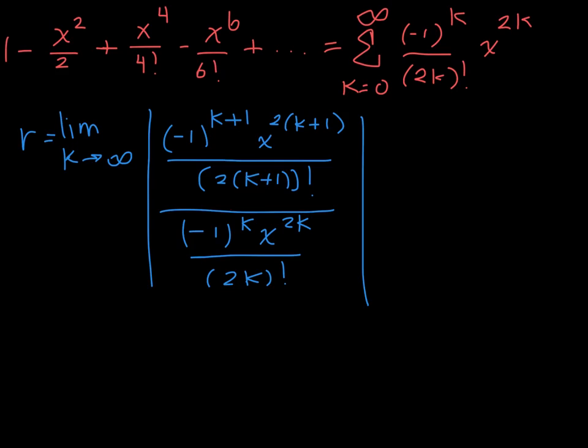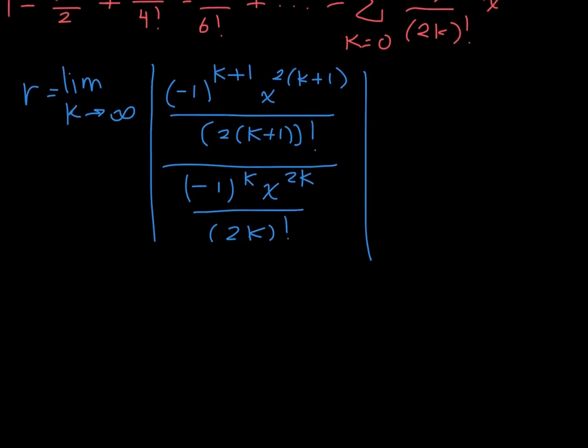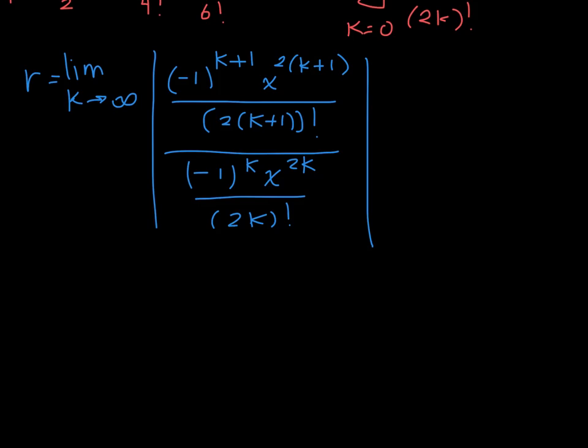I'm going to try my best to simplify here, so bear with me. Let me move this up. So this is equal to the limit as k goes to infinity. Okay, here we go.